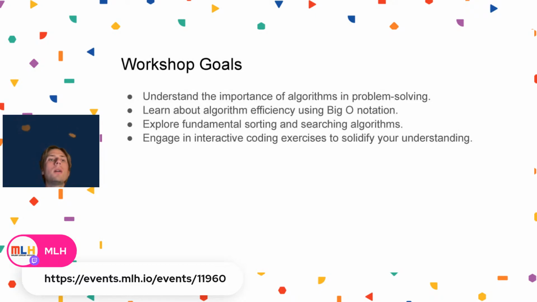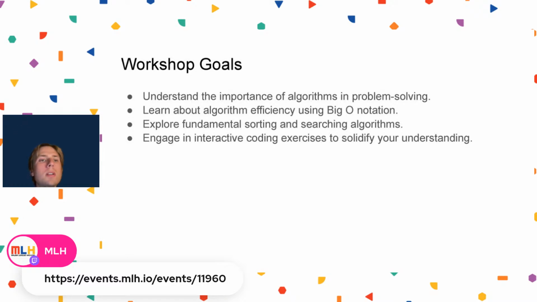So today, our goals are to understand the importance of algorithms in problem solving. So last time we did some practice problems with data structures and things like that. This time we're actually going to dive in to algorithms, and we're going to talk about them.